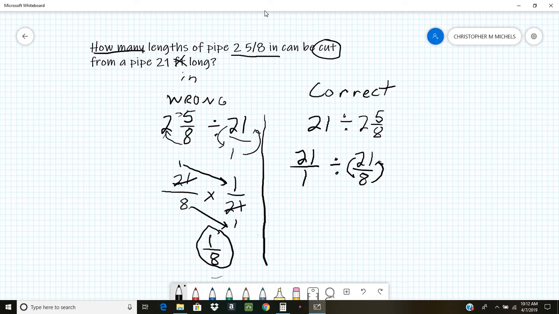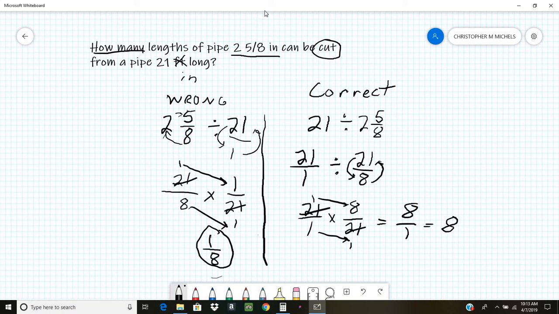Then we flip the second fraction. So we get 21 over 1 times 8 over 21. Then these cancel out, just like they did in the last example. Multiply by what's left over, and write it over here. So we get 8 over 1, which is just 8.